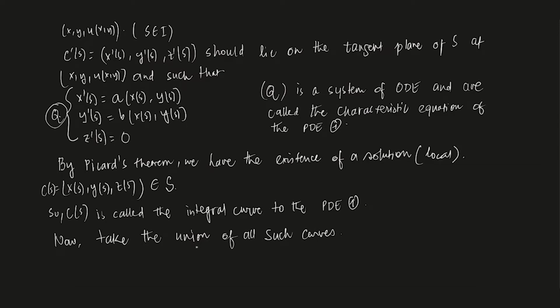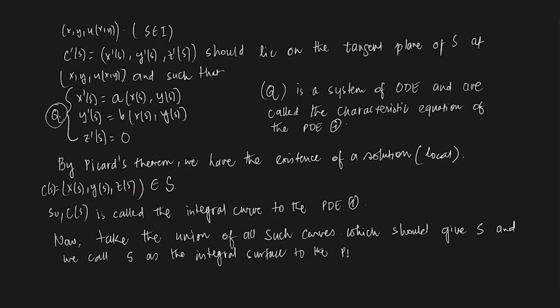So take the union of all such curves, which should give S. S is the graph of u, and we call S the integral surface. This is not a very standard practice to call it, but we will just call it an integral surface to the PDE1. But c of s is always called an integral curve.